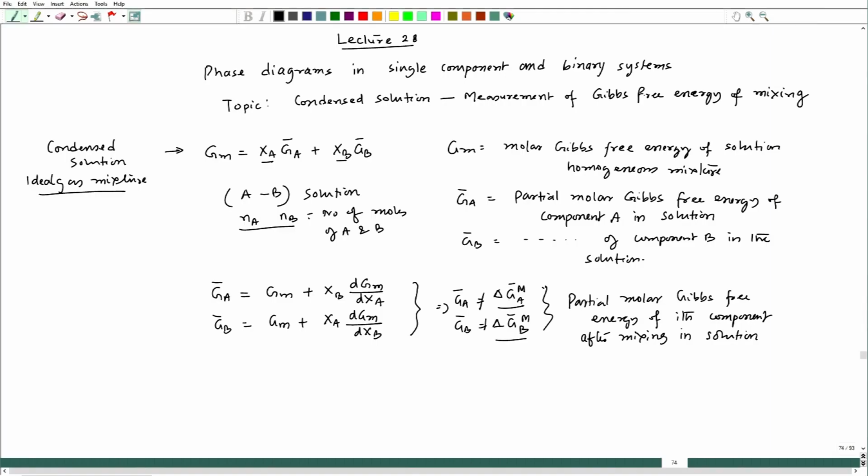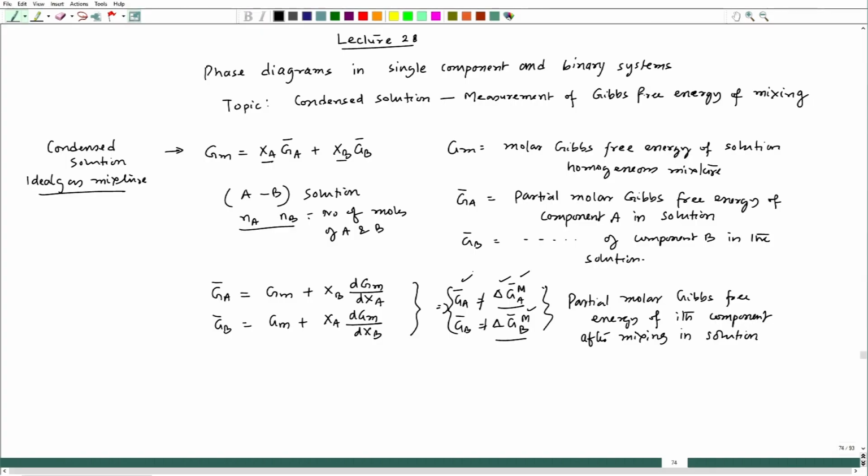That is this one. But the other two are basically the chemical potential, or partial molar quantity, of the individual component in the solution. So this is the difference and this is the quantity in the solution.